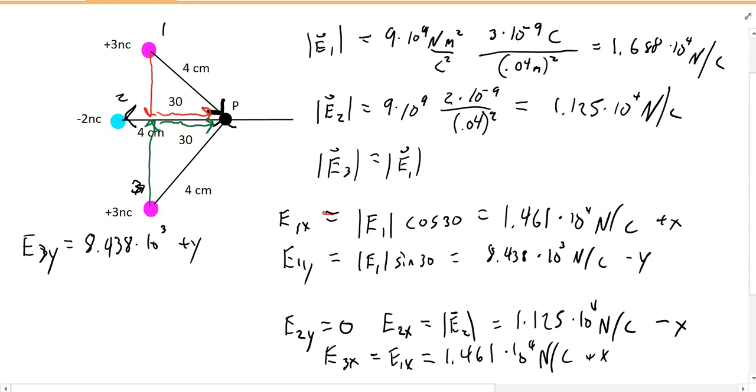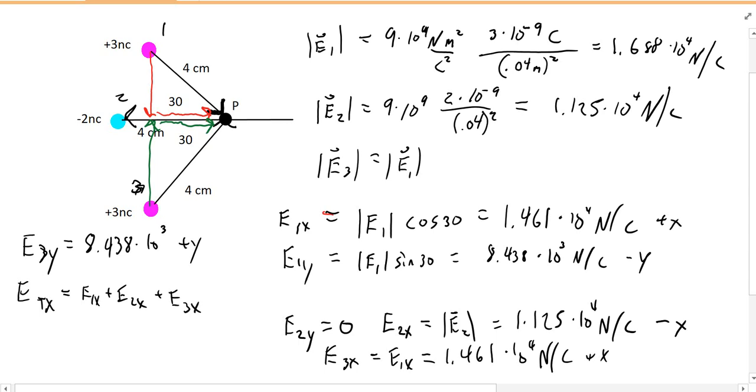Okay, now that we have resolved all of the electric fields into their x and y components, we find the total electric field by adding up all of the x's and all the y's. So the total x component, ETX, is E1x plus E2x plus E3x.